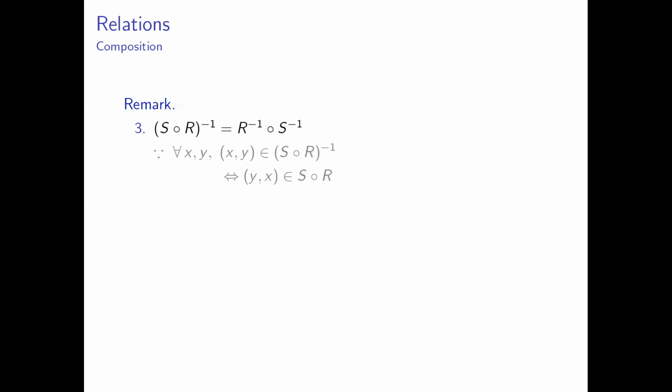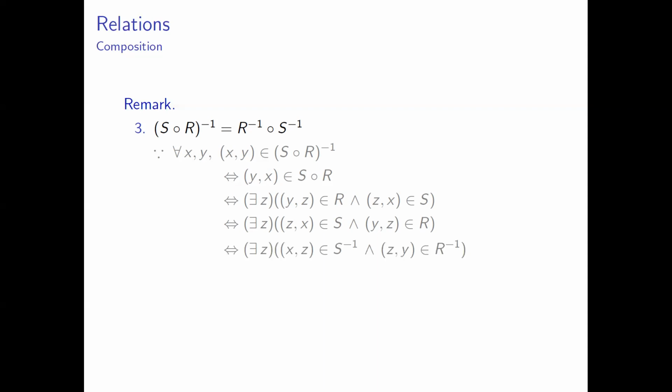Indeed, for any objects x and y, the ordered pair (x, y) is an element of the inverse of SR if and only if (y, x) is an element of SR. This holds if and only if for some object z, y is related to z under R and z is related to x under S. Equivalently, z is related to x under S and y is related to z under R. And by the definition of inverse relation, x is related to z under S inverse and z is related to y under R inverse.